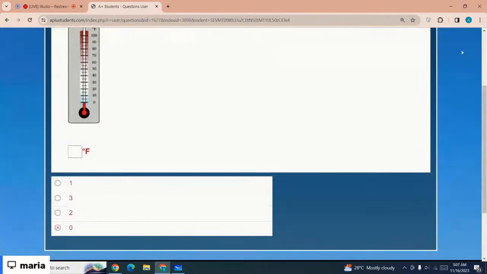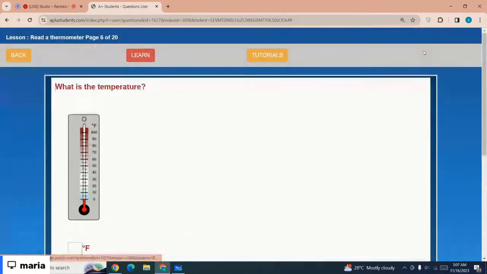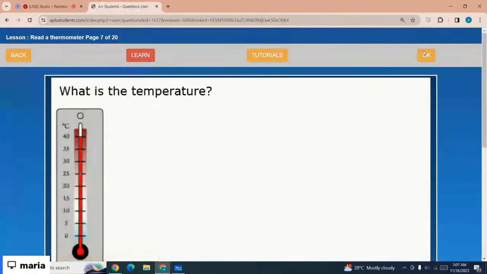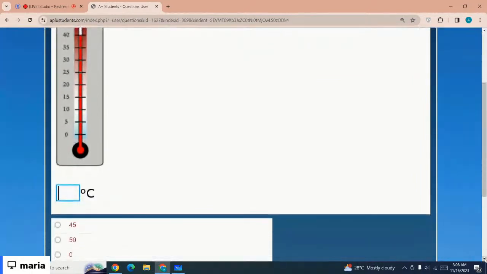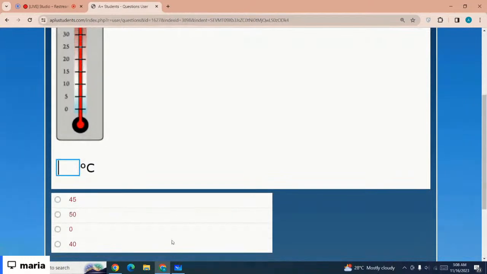The correct option is 0. Okay, what is the temperature? Which is the correct option? The correct option is 40 degrees Celsius.